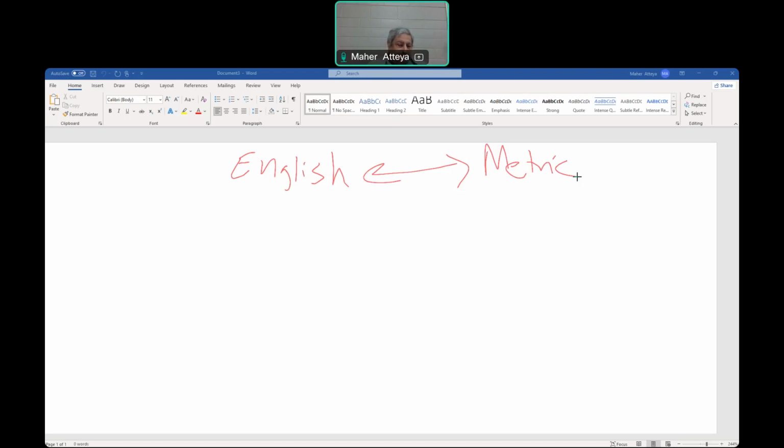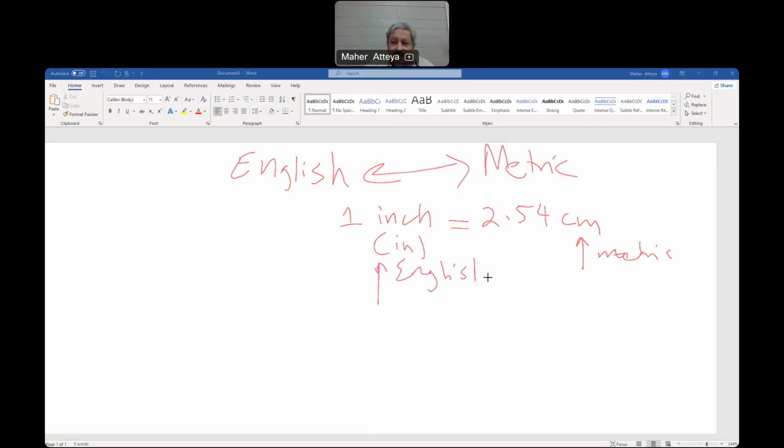You need a special table to get the amount. For example, an inch is 2.54 centimeters. Now this is metric, and this is English, so you need tables to relate how much is what.